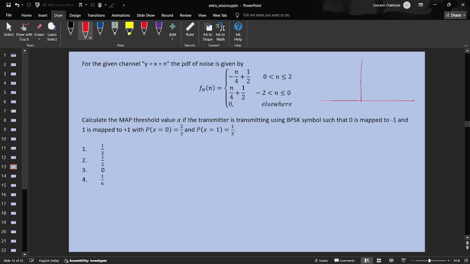So between 0 and 2 its slope is negative, and its value comes to 0 at 2, so it is like this.